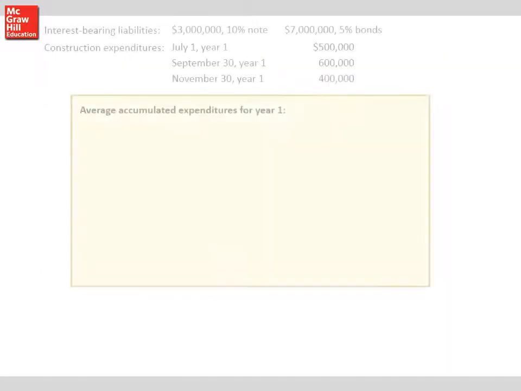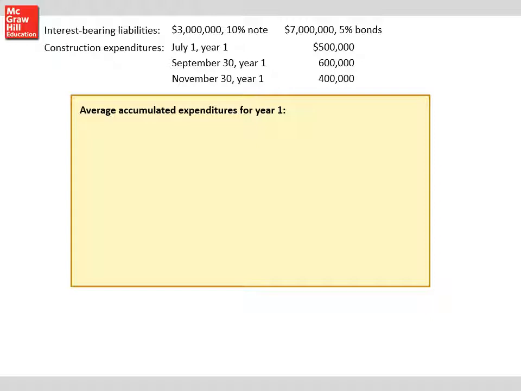So let's start with year 1. We first average our accumulated expenditures. So on July 1 of year 1, since this wasn't outstanding the whole year, it was only outstanding for the last 6 months of the year, we would calculate interest on 6 of the 6 months, or $500,000. For the September 30th, we would calculate interest on 3 of the 6 months the construction was alive during year 1, on the $600,000, or $300,000.